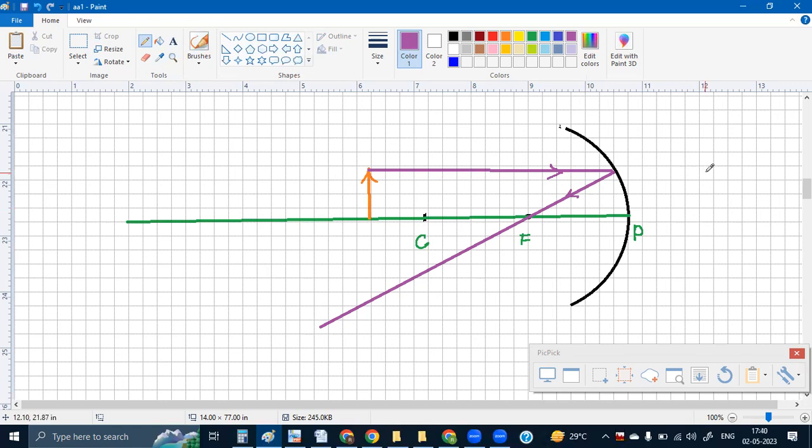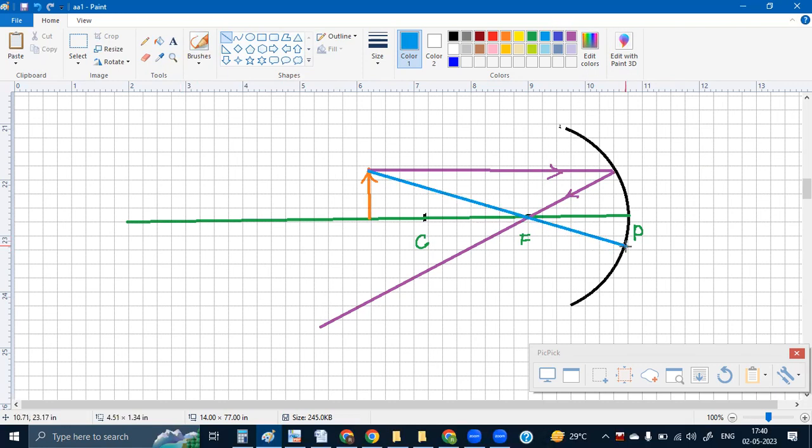Then I'm going to show the second ray. This ray I'm drawing again with a different color. From the top point of the object in the diagram, I am making it pass through the focus.